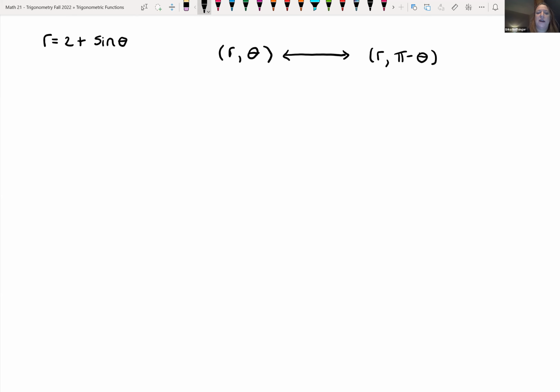And so let's start plotting points. And so let's choose values of theta that we know. And so let's look at theta equal to 0 first. If we plug in 0 for theta, sine of theta I know is 0. And so r is equal to 2. Well, pi minus 0 is pi.